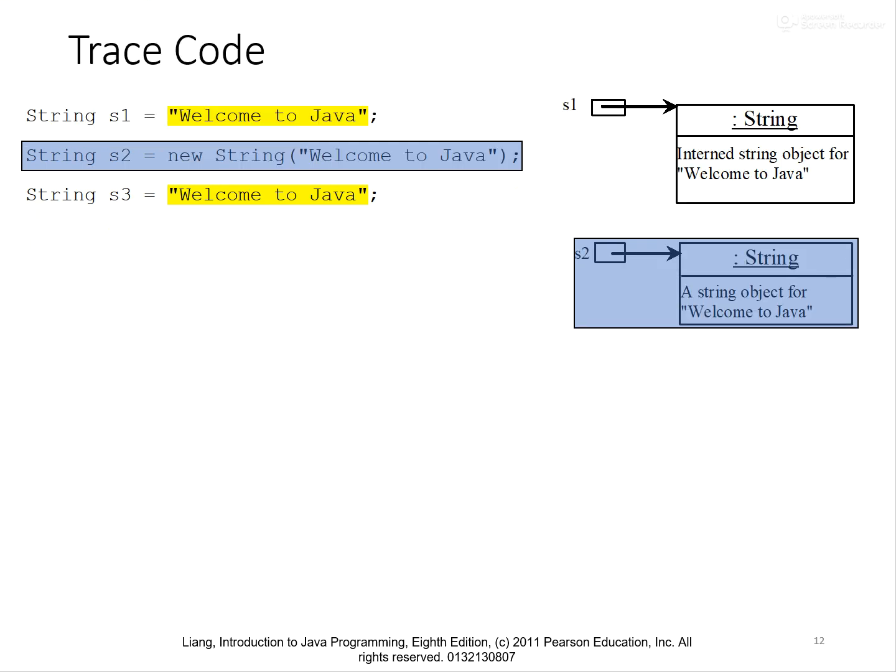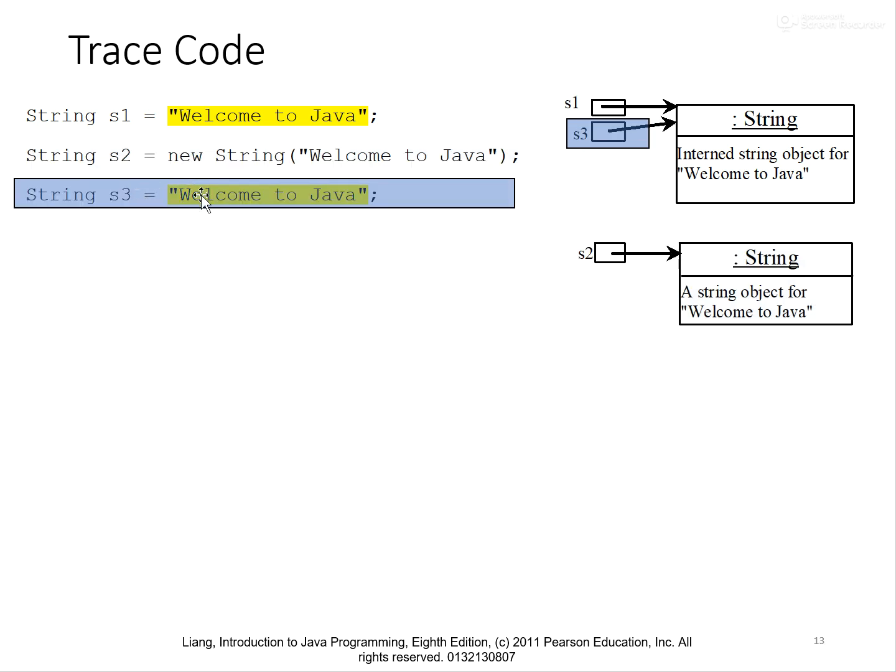S2 is created, we get a new object because we are creating it using the new keyword. But when S3 is created, there's already a string object containing the text welcome to Java. So what the JVM does is, this newly declared string S3 reference points to the same string object that already contains welcome to Java.